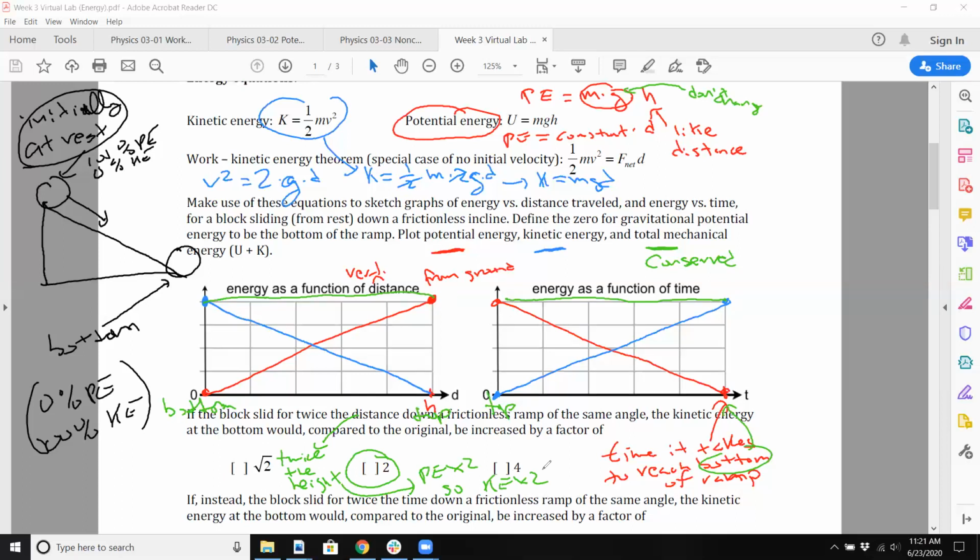And here, if instead the block slid for twice the time down the frictionless ramp at the same angle, so let's look at, I'm going to clear all this right now.